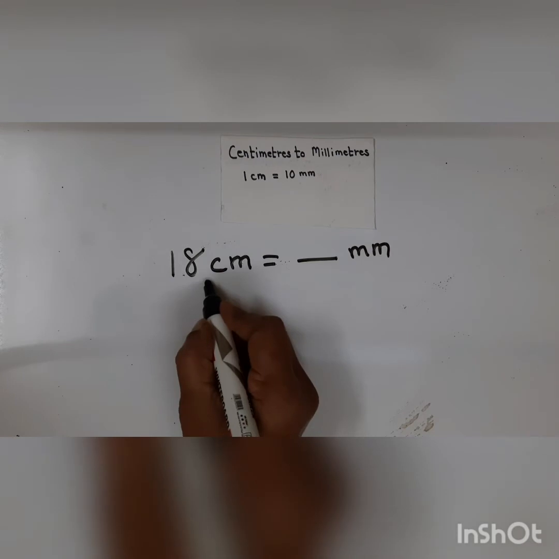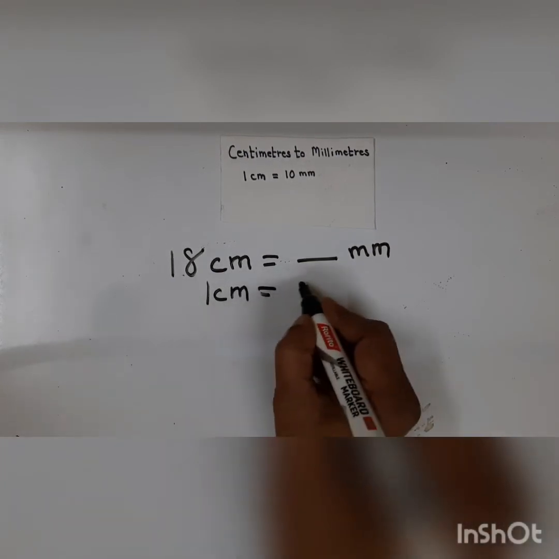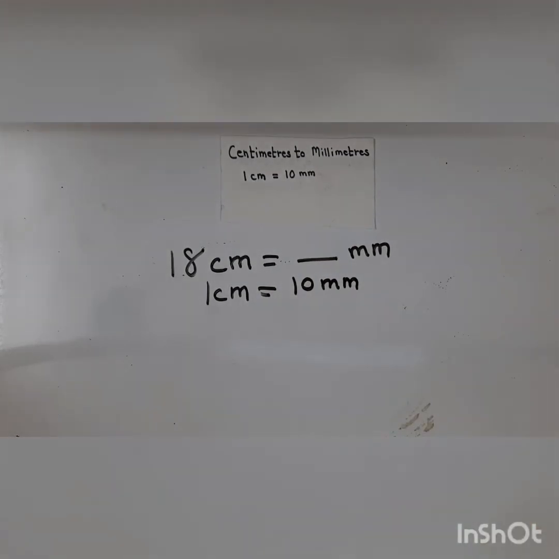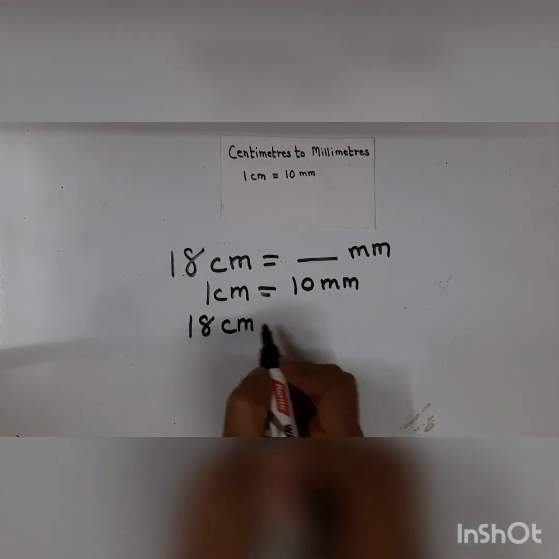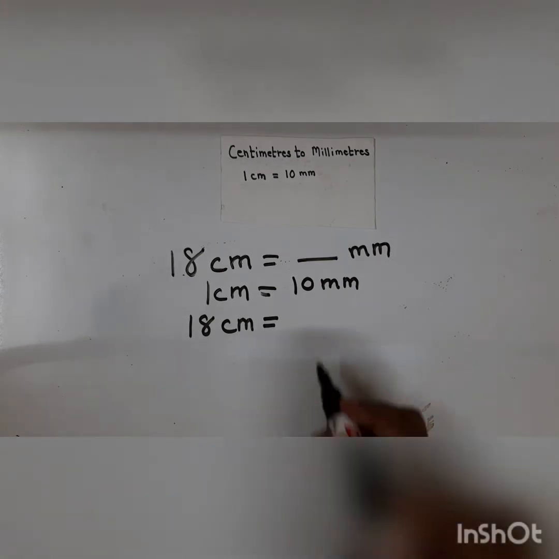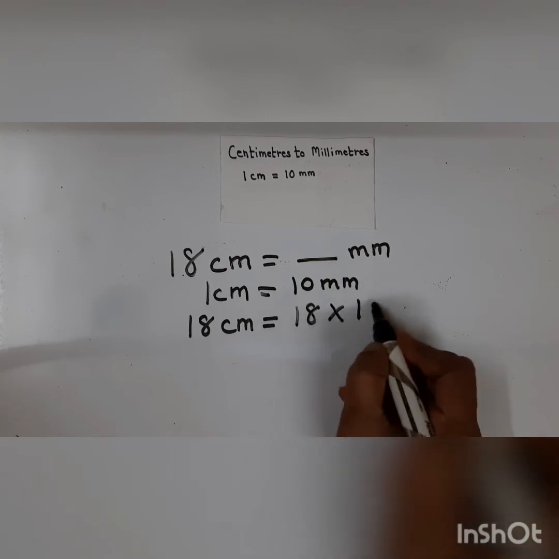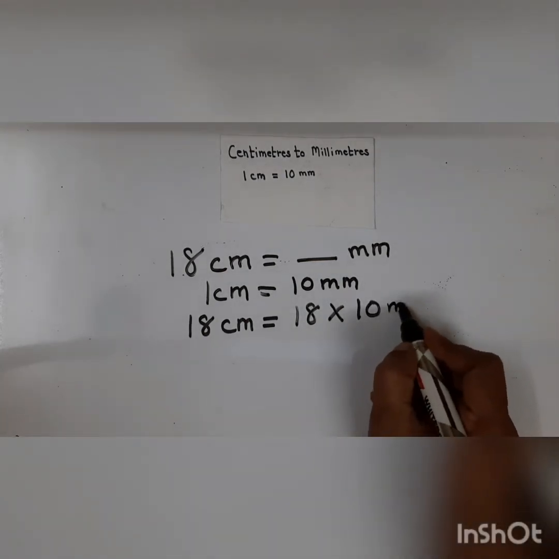So 1 centimeter is equal to 10 millimeter. So 18 cm. Yes, now you tell me children, you could pause the video. 18 cm is equal to, yes, 18 into 10. And what should my unit be here?